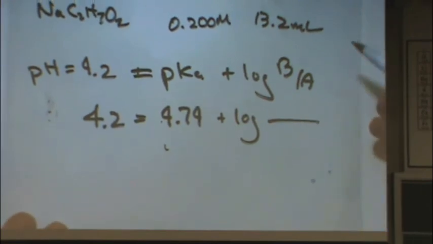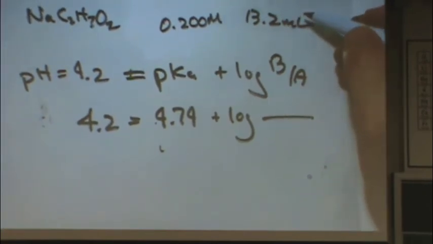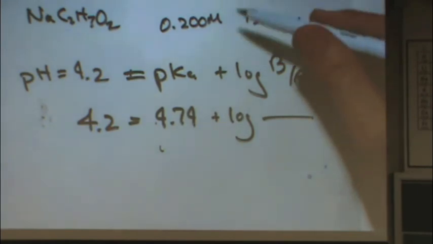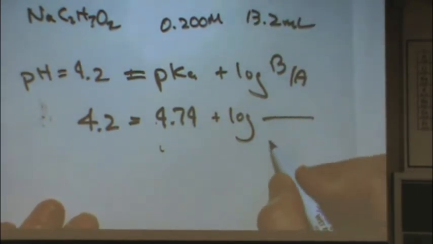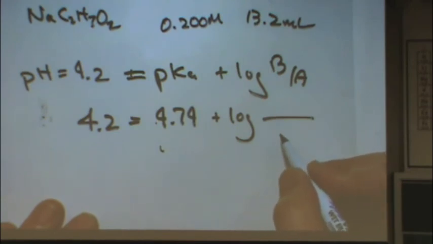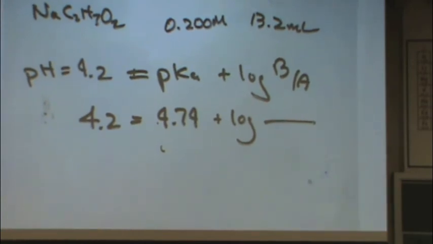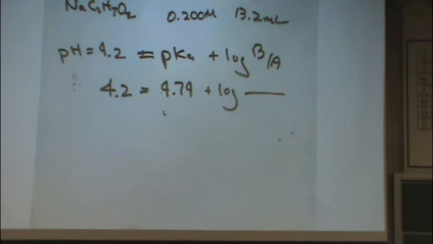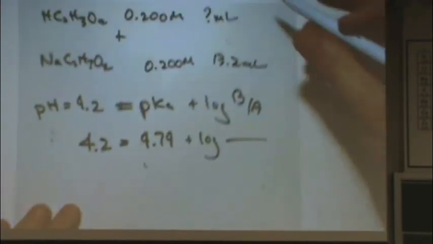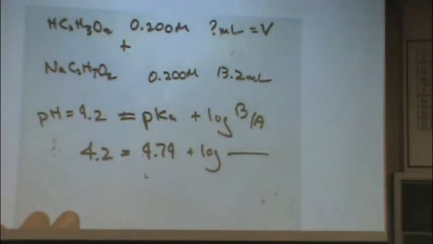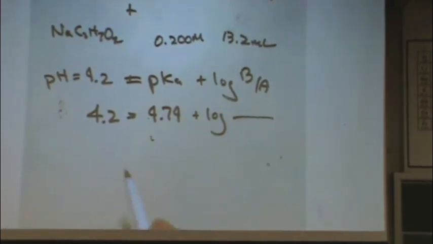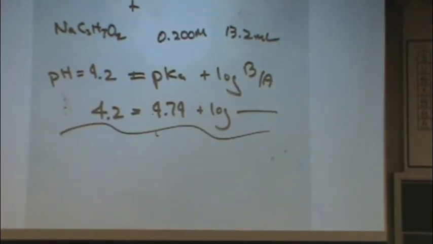So the base is the bottom one here, which is mixed with some number of milliliters. Let me call this volume V. Because these are mixed together, let me solve this down below.